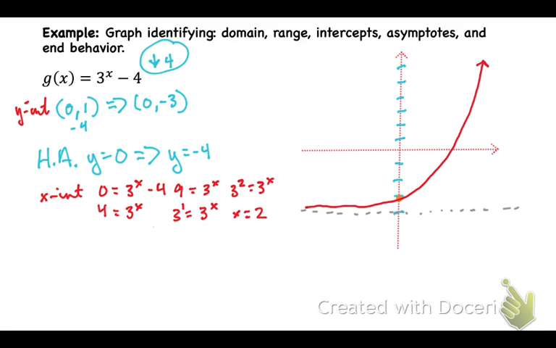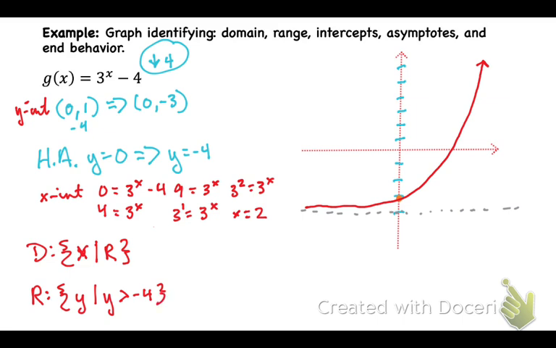So we've got the graph. Domain: all real numbers. Range: y is greater than -4.